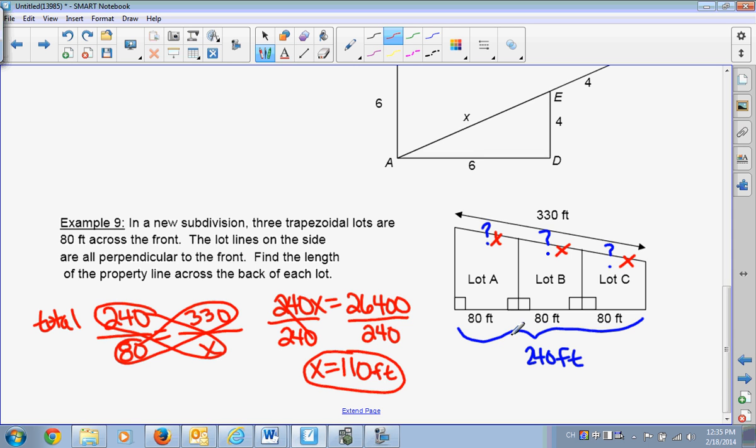You could also see that each one of these are just 80, which is a third of 240. So 240 divided by 3 is 80. So 330 divided by 3, each one of these would need to be 110. There is a problem like this on your homework assignment, so make sure you use these notes to help you with that problem.